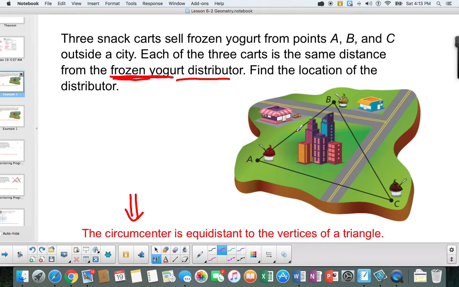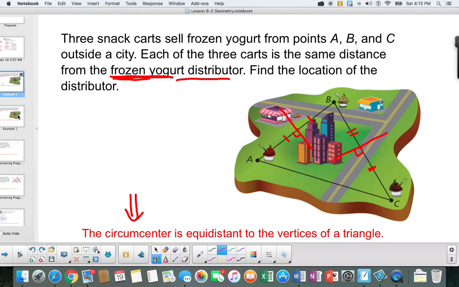So I'm going to try to find the midpoint, and then I'm going to draw a perpendicular. I only have to do it for two because two lines will intersect at a point. I don't need to do the third one.